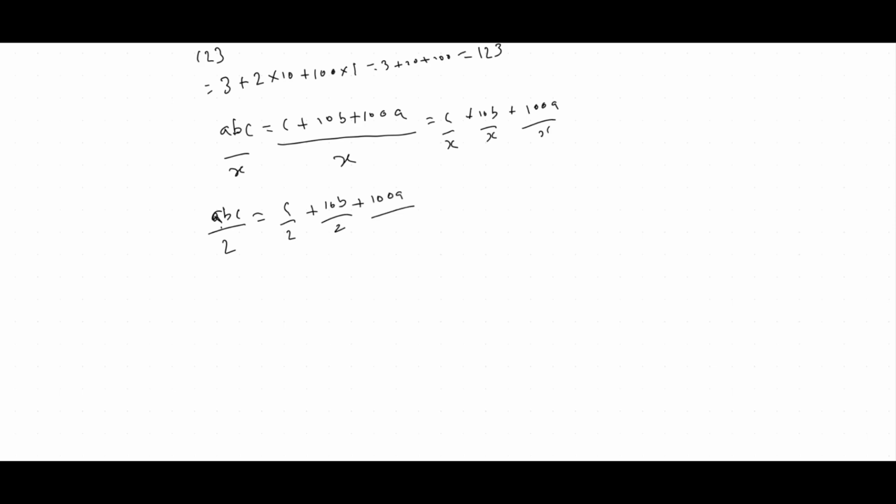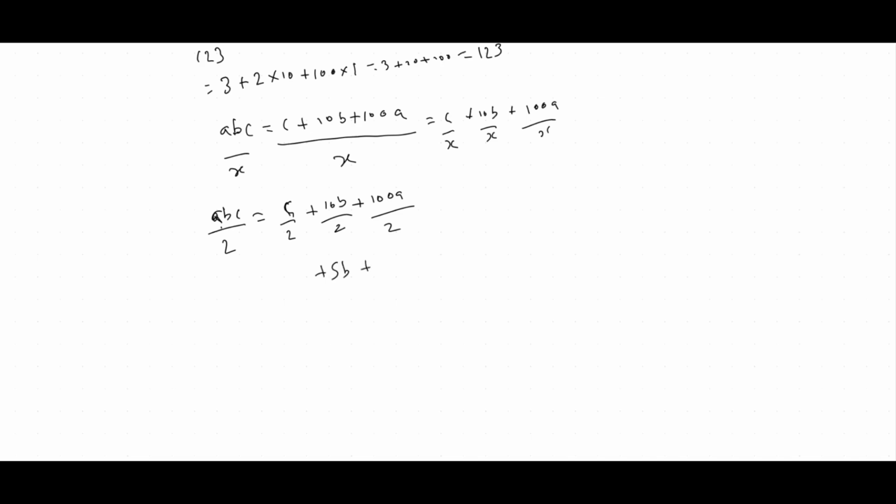Okay, now if you want ABC to be divisible by 2, which term among these three should be divisible by 2? Don't you think that it should be C? Because 10B is of course divisible by 2. It's 5 times B. 100A is also divisible by 2.